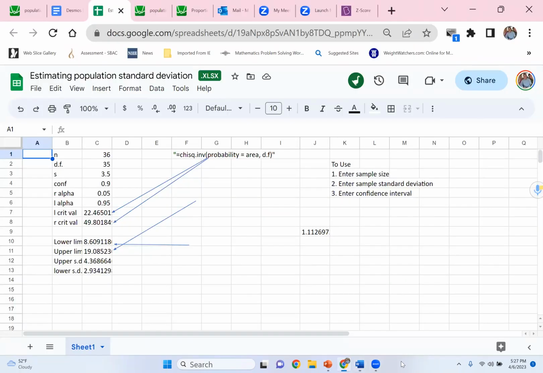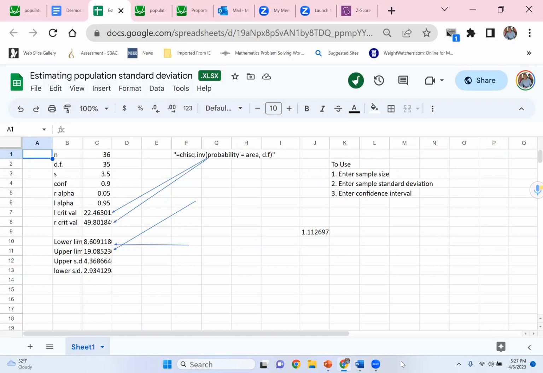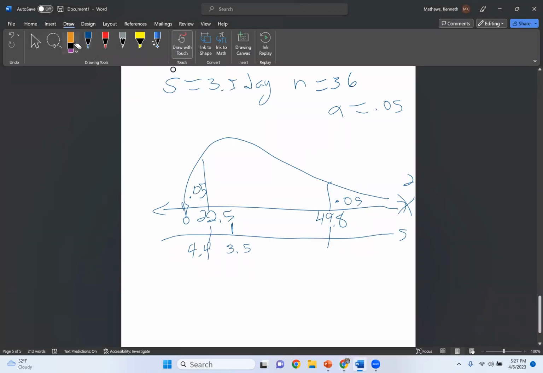So the lower standard deviation is 2.9 and the upper standard deviation is 4.4.